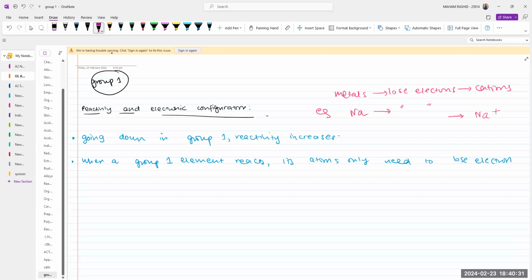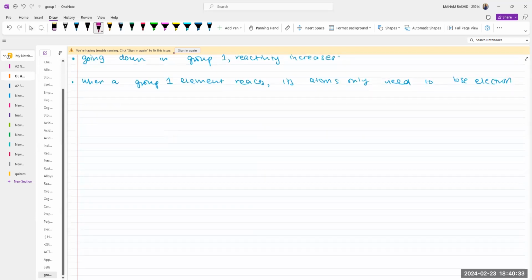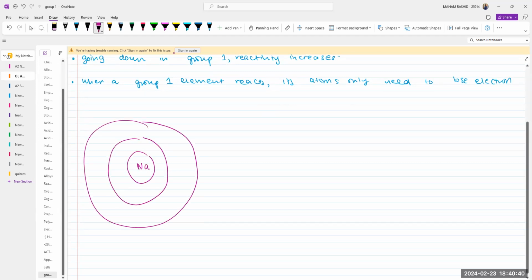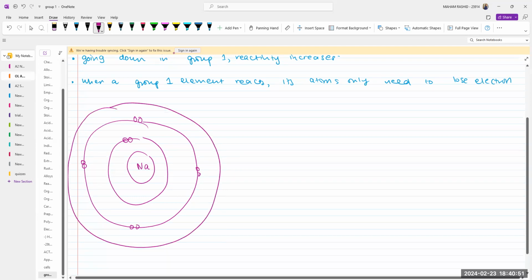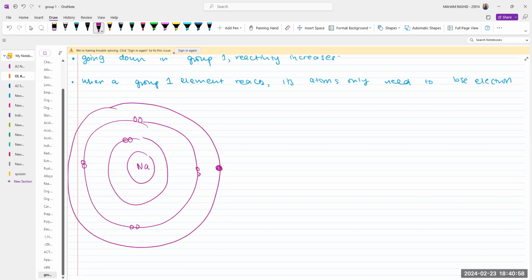Why? Because, for example, this is my sodium atom, and I have one electron here, right? Wait, 1, 2, 3, 4, 5, 6. Yeah, one electron in the last shell, right?